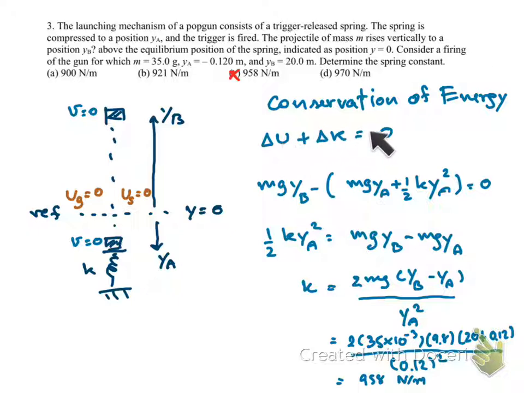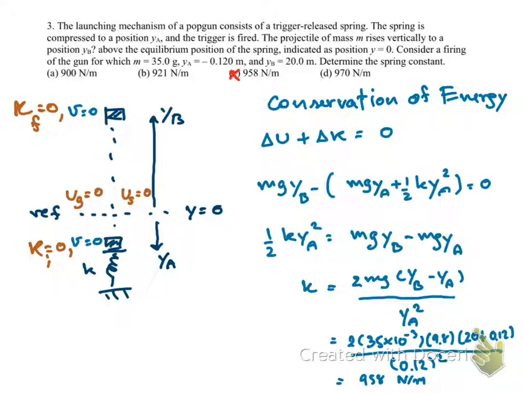Delta U plus delta K is equal to 0. In this case, it's quite simple because we know that the initial velocity is 0, which means that the kinetic energy here is 0. And also, the final velocity is 0 because this is the maximum height of the object. So the final kinetic energy is 0.